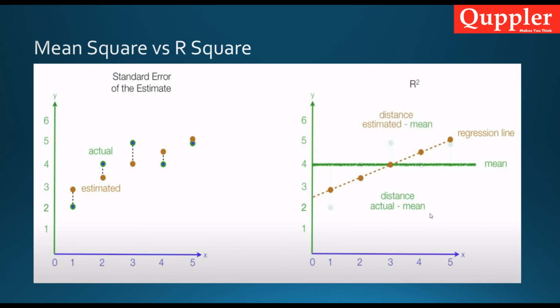Whatever distance we calculate always lies around this mean. So in mean square we find the distance between the actual and predicted, but in R square we find the distance between the actual and the mean of the line, and the distance between the predicted and the mean of the line. Based on that we calculate the R square.